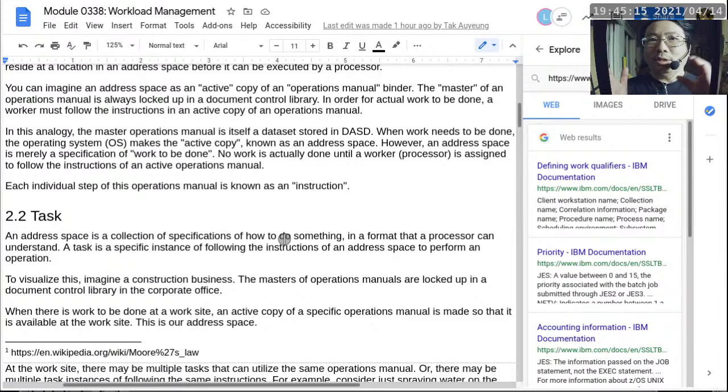So that's how the WLM comes in: we got all of these things to do, but how do I allocate my resources? It's the WLM combined with the performance goals that will help determine how I allocate my time. So I'm hoping this helps to tie everything together a little bit.